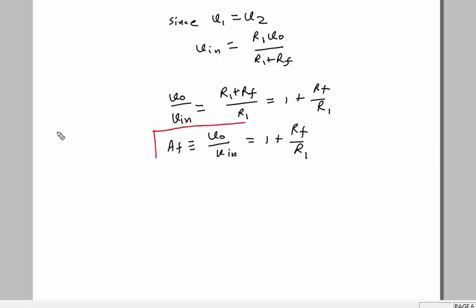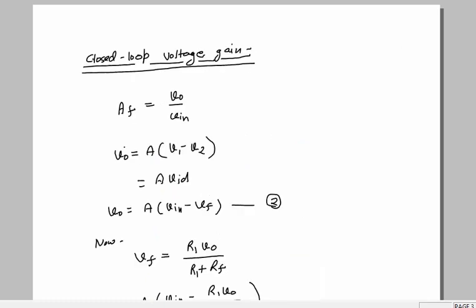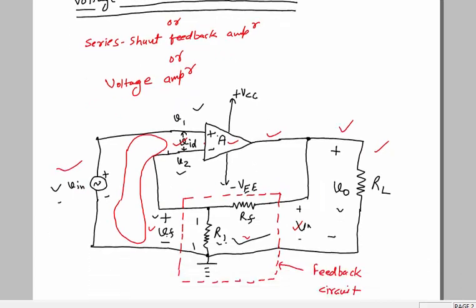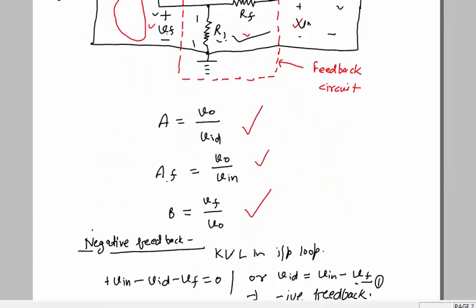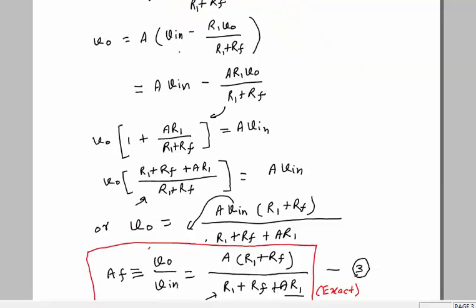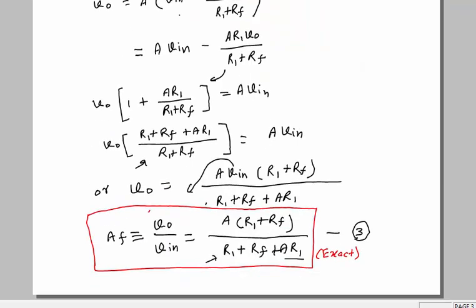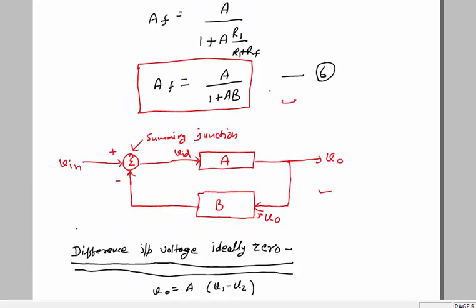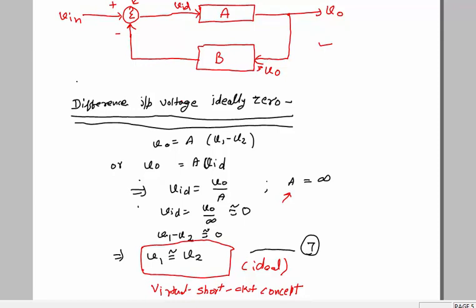So with this also we can find out the gain with feedback. We have seen a lot of basic concepts here, like voltage series feedback with all these definitions and the circuit, how it is a negative feedback, and then the closed loop voltage gain, which we found using all the equations, and then we saw that the difference input voltage is ideally 0.